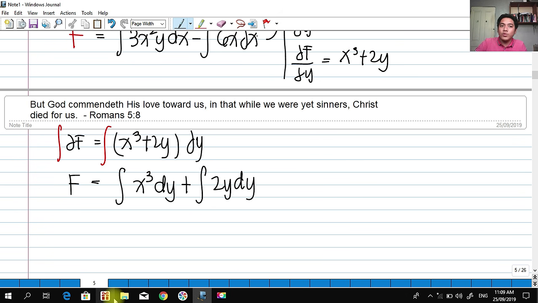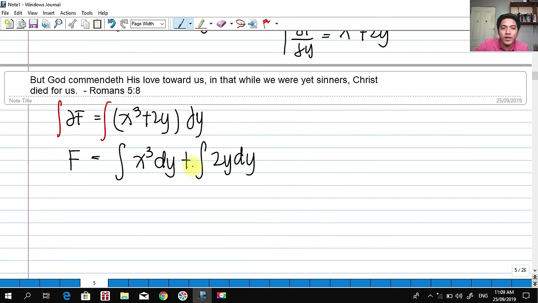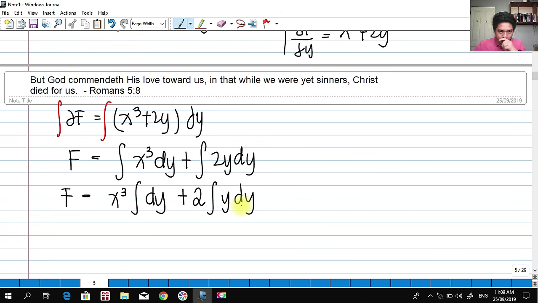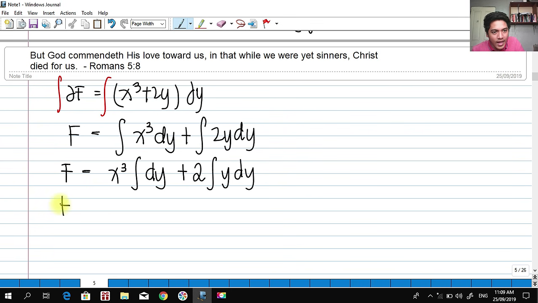Notice here that we are integrating in terms of y, so any other variables, other than y, are considered constant. In this case, I can factor x cubed out of the integral, and I can factor 2 out of the integral of y dy. So we shall be having x cubed y plus 2y squared over 2.